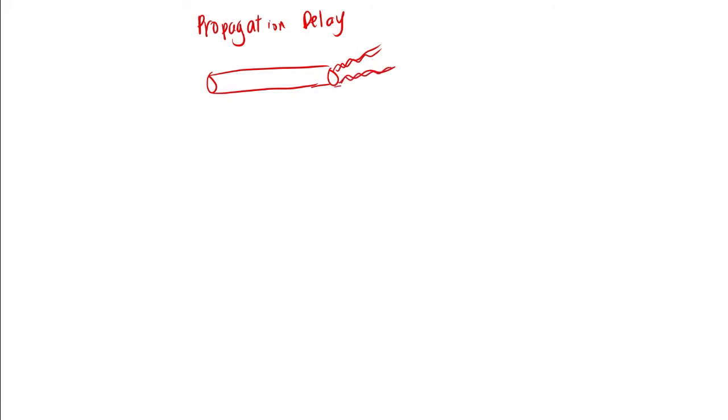So we also have now we call propagation delay. So remember, we had our data cable and it's got 4 pairs, each twisted.